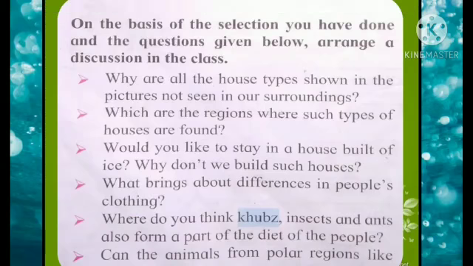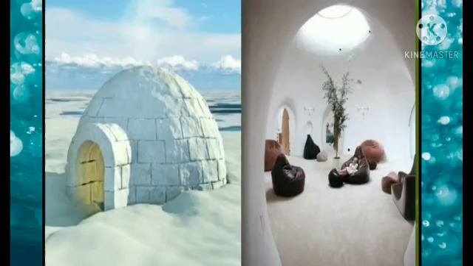Okay, so third question. Would you like to stay in a house built of ice? Why don't we build such houses? Now, children, would you like to stay in such houses built of ice? Some of us may like to stay, some of us may not.